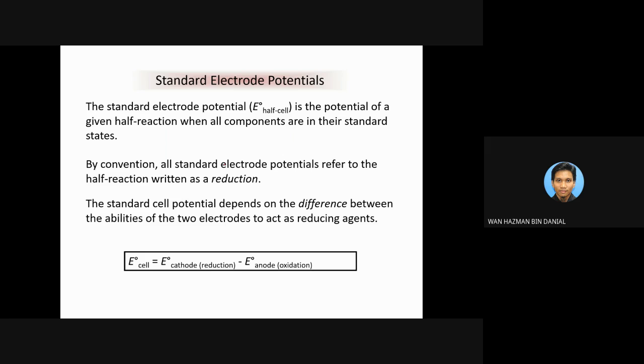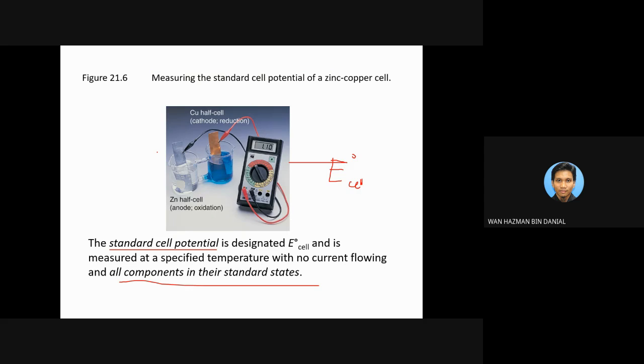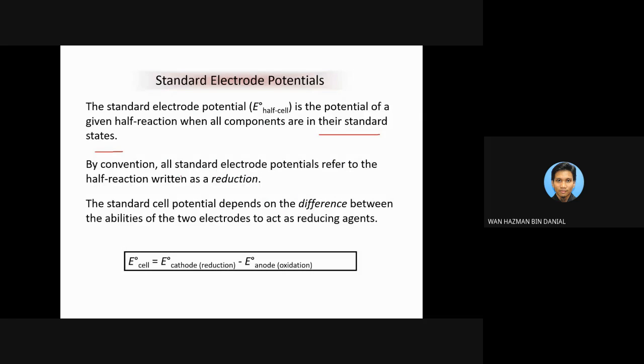So the standard electropotential half cell is the potential of a given half cell when all components are in their standard states. Okay. Alright. So by convention, all standard electropotential refer to the half reaction written as a reduction. Okay, so the standard cell depends on the difference, and like as mentioned earlier, the difference between the abilities of the two electrodes to act as a reducing agents.